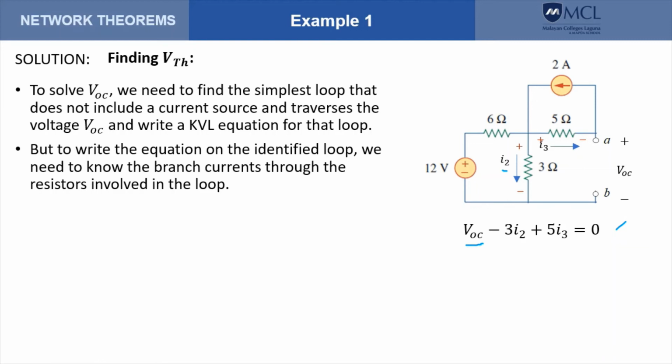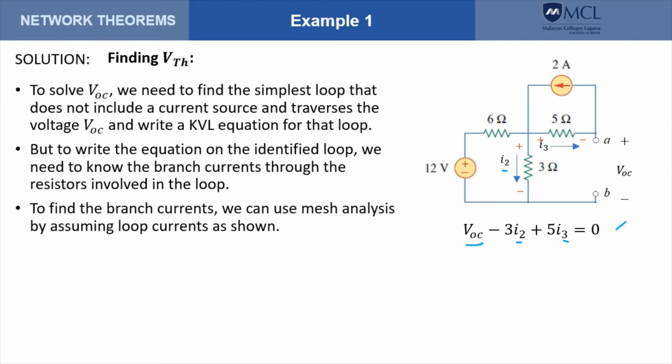Now to get these branch currents, we can use mesh analysis by assuming these loop currents I sub A and I sub B. Once we get these loop currents, we can determine I sub 2 and I sub 3, for which we can get VOC.